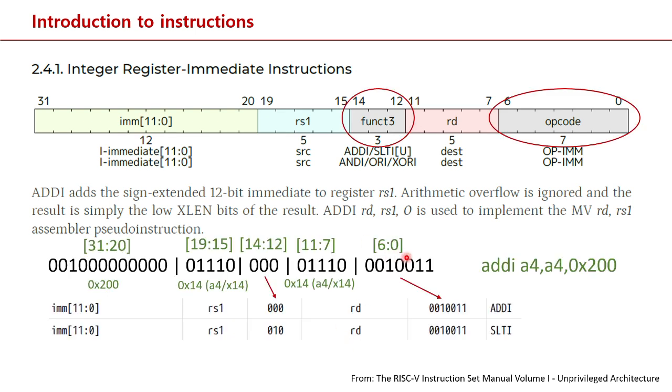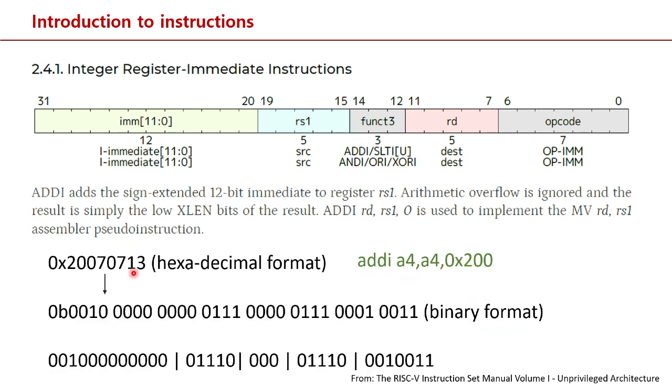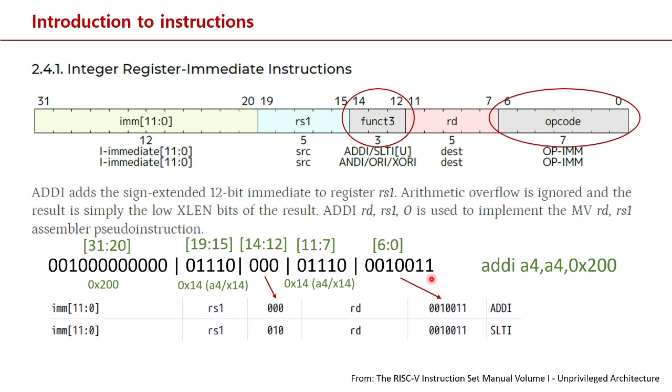Please take a look at this. This hexadecimal machine code can be converted into binary format, and this binary value can be regrouped based on the bit assignment map. So this value can be regrouped into this one.